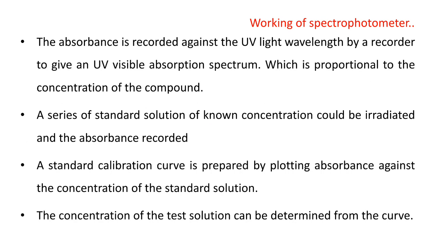The concentration of the test solution can be determined from the curve. When we do the practicals, I will tell you how to plot the graph using the different standard ODs.